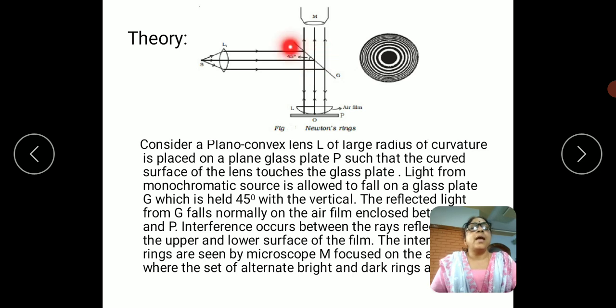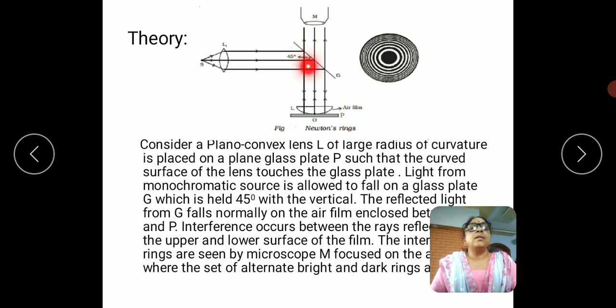At this glass plate the rays get reflected and hit the surface of the plano-convex lens normally, and an air film is created between the glass plate P and the lens L. So this film is an air film.